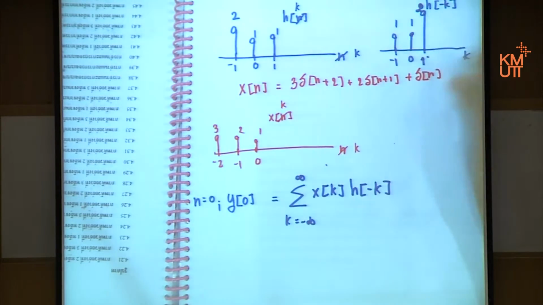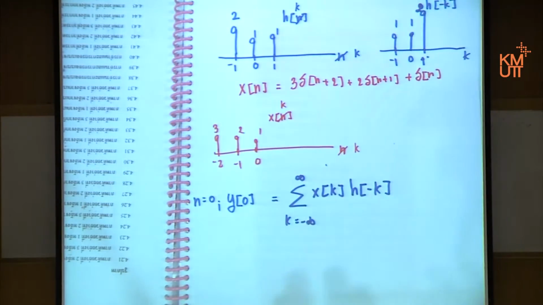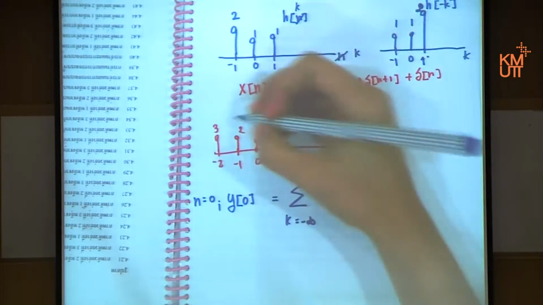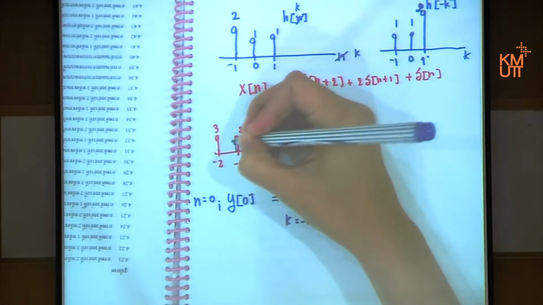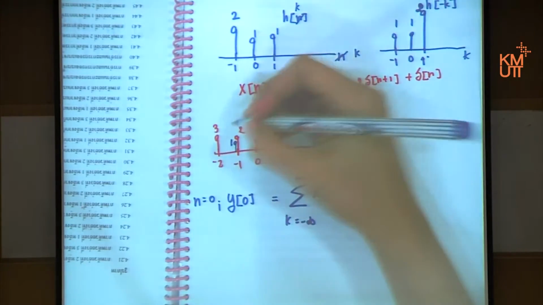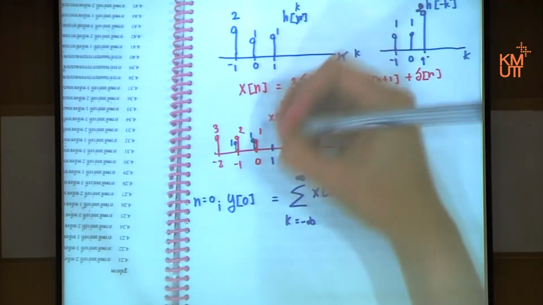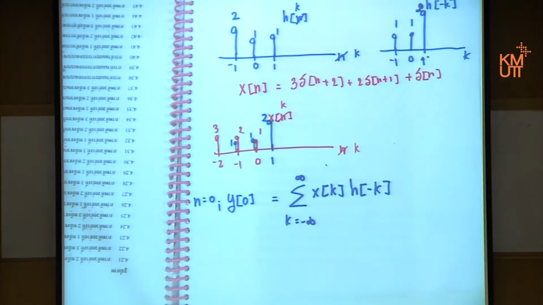If I write the blue one, h[-k], on the same axis as the red one, you can multiply them easily. So this one is 1, this one is 1, and this one is 2, because they are at the same positions.